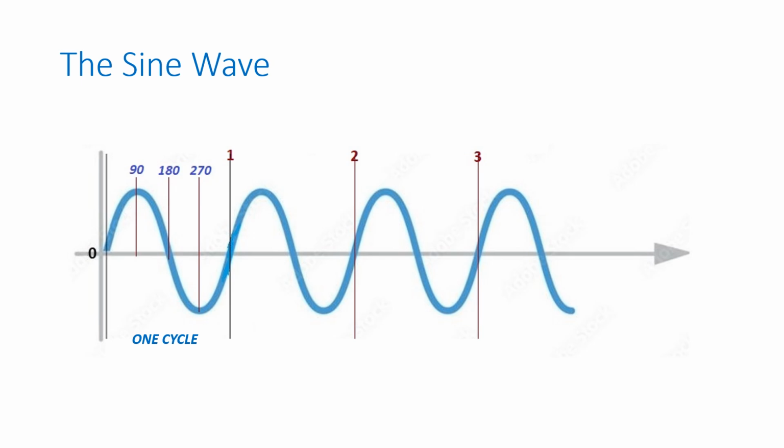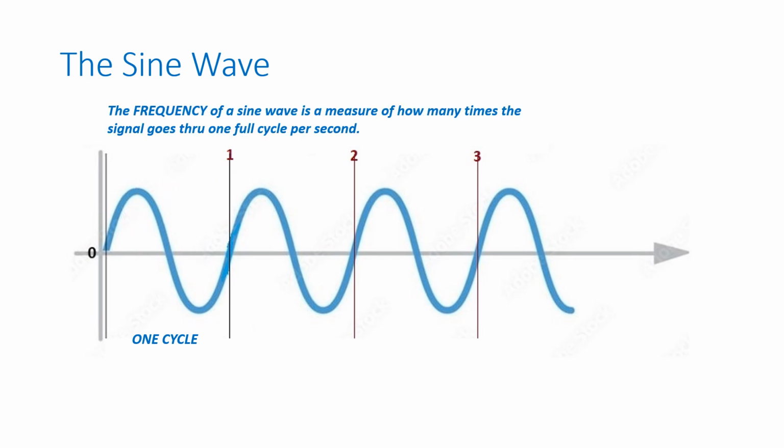One thing you're going to use right away that you've got to get in your head right now is we say the frequency of a sine wave is a measure of how many times we go through a cycle in 1 second. This is super important to understand. Another thing, we used to describe how many cycles per second, or CPS, the frequency is of the signal we're looking at.